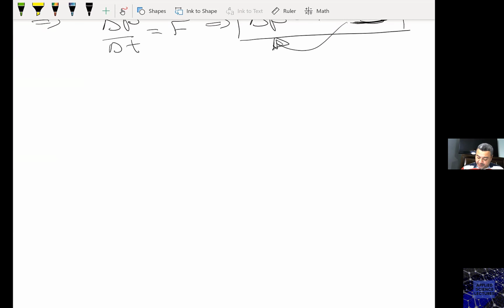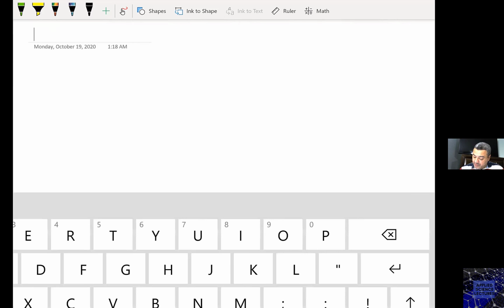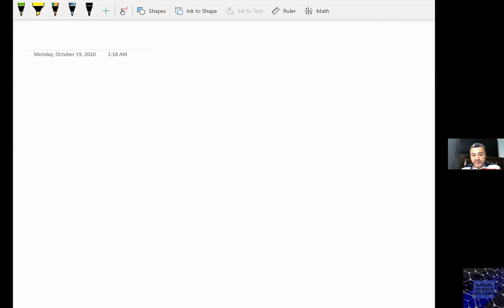So here we have a baseball that has a mass m. So m is 0.15 kilograms.